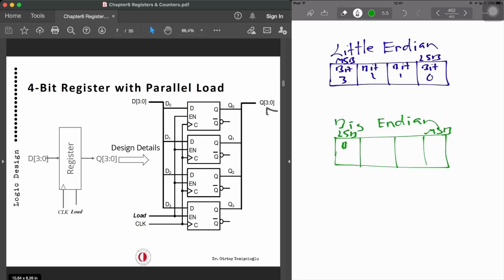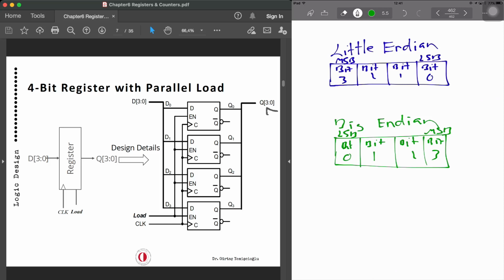And that will be bit 0, bit 1, bit 2, and bit 3. Okay, and this is known as big endian. Now, when we are talking about these registers, when we put them down or physically connect them, we have to state what type of register we are having. Big endian, little endian, and that's totally coming from here.